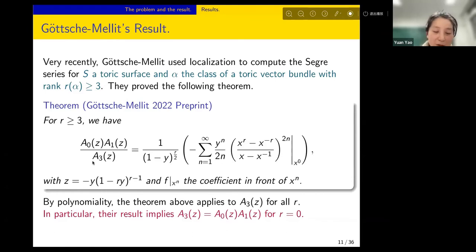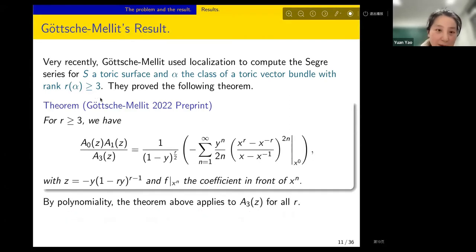They actually give the formula for all ranks, right? Okay, but still, I will talk about my results, because we have a different method, right? They do this localization, and they compute the Segre series for the positive rank case.